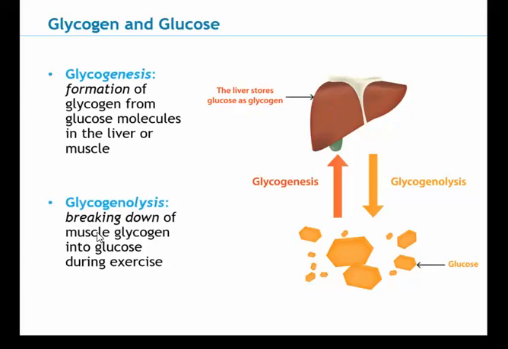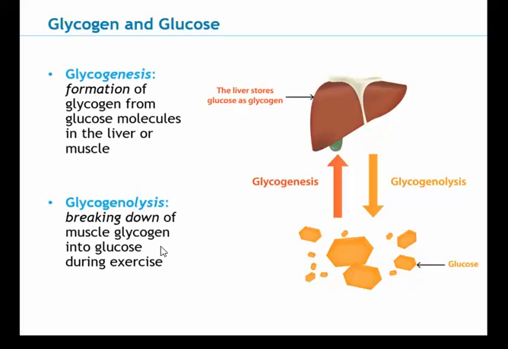And then next is glycogenolysis. Lysis means breakdown. So lysis is breakdown. Breakdown of muscle glycogen into glucose during exercise or when we are fasted and we need more energy. So this process would help to maintain blood sugar levels during exercise or at rest between meals when there's no glucose present.